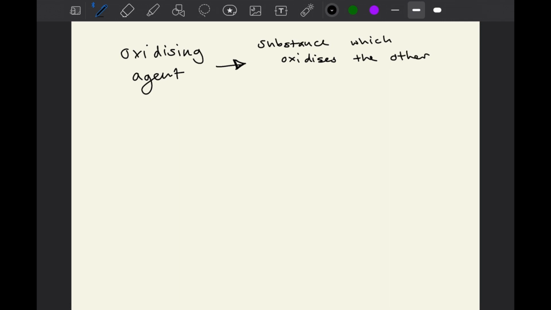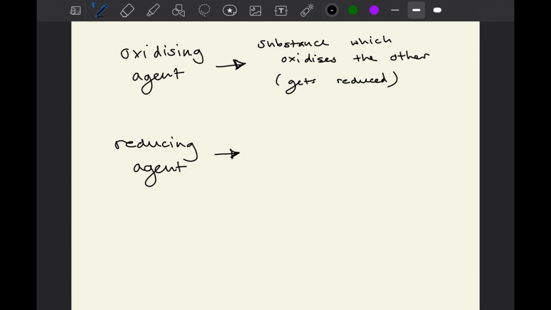Now, this part is very important because, unlike what the name may suggest, the oxidizing agent itself gets reduced. As we can tell, it oxidizes the other substance, meaning that what can it be left with? Oh, it has to be reduced.